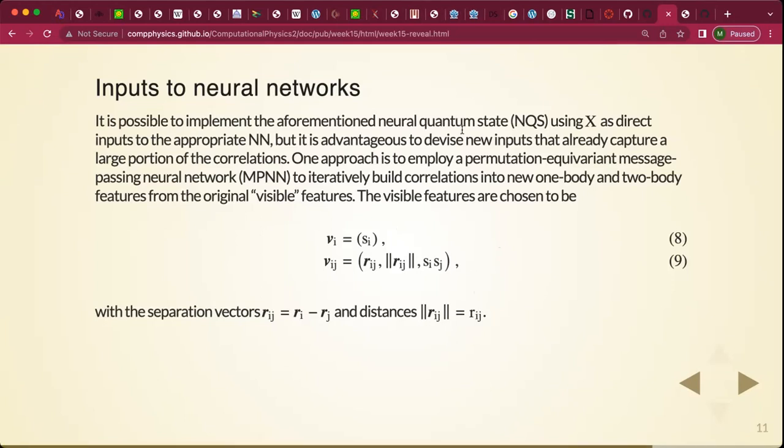So your trial wave function is now going to be a neural network. So we normally call this a neural quantum state. And instead of the Boltzmann distribution, which we set up, the trial wave function is now the neural network with all its parameters. So that means that you need to feed into the network some information.